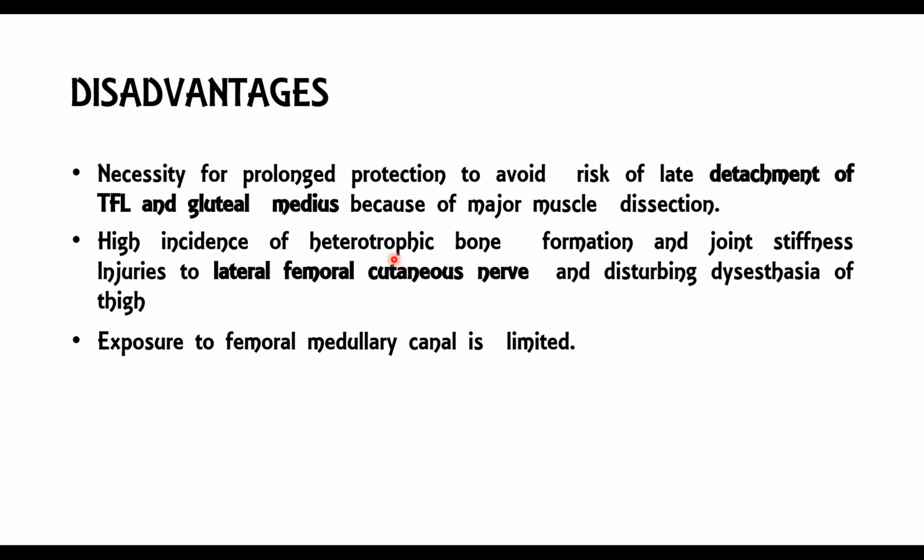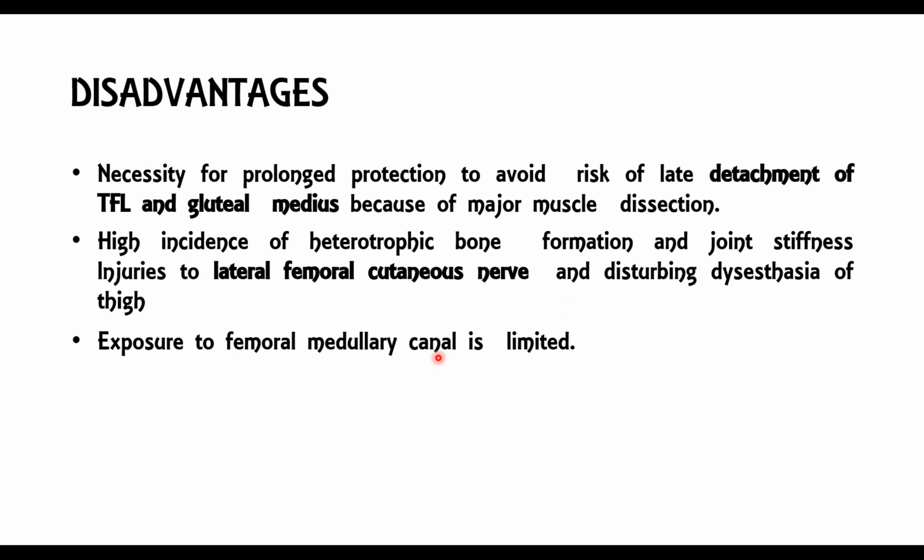This was the question asked: which approach will have more heterotopic bone formation, anterior approach or anterolateral approach, compared to the posterior approach. And injury to the lateral femoral cutaneous nerve of thigh. You all know that it will cause dysesthesia or paresthesia in the lateral aspect of the thigh. Exposure to the femoral medullary canal is limited. Yes, these are the disadvantages.